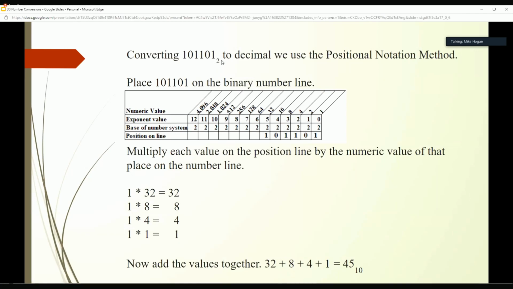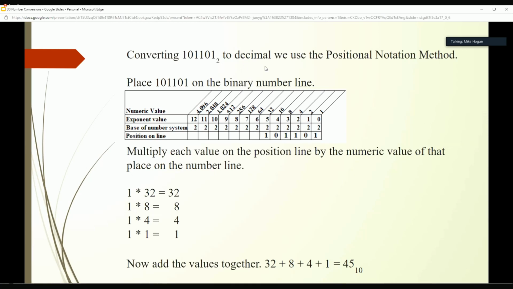Once again, they've put the base as a subscript here, just so you know that it is binary. Keep in mind 101101 could be a decimal number, 101,101. However, we know that this is a binary number because it's got a subscript of 2.